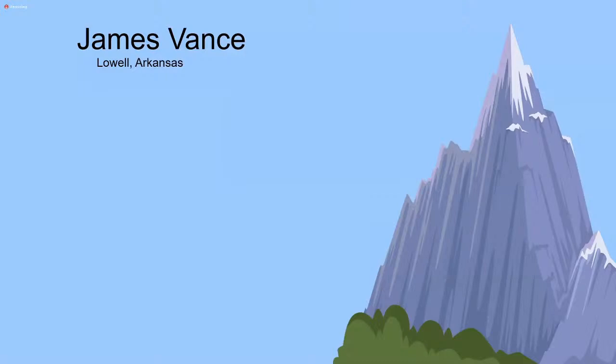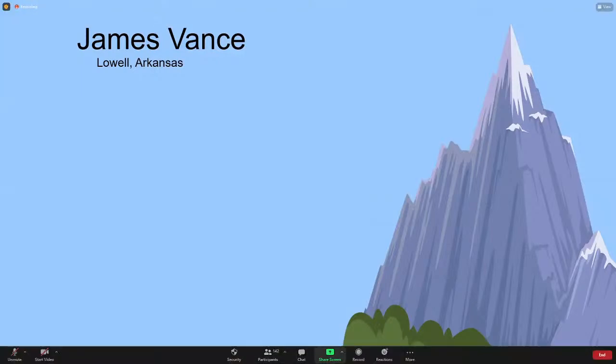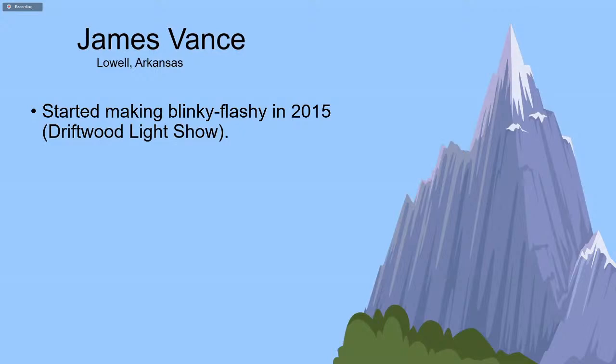So I guess a little bit about me first off. I live in Northwest Arkansas, a small town called Lowell, which is kind of nestled between the home of University of Arkansas and Walmart. And I actually started doing light shows in 2015.